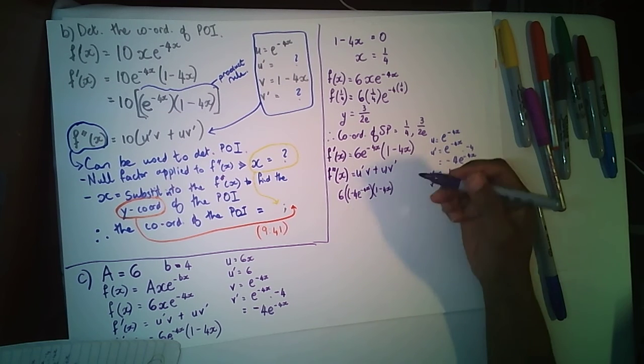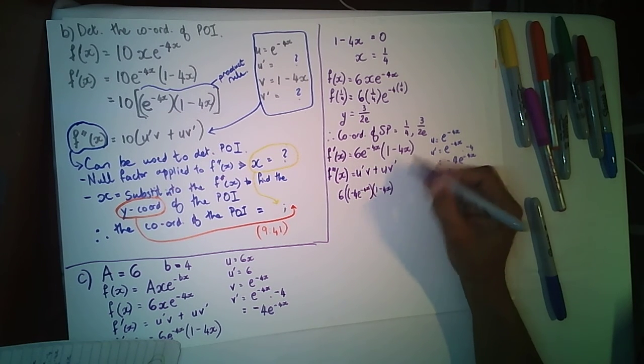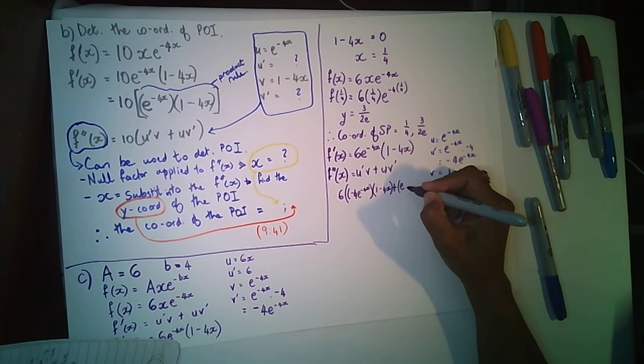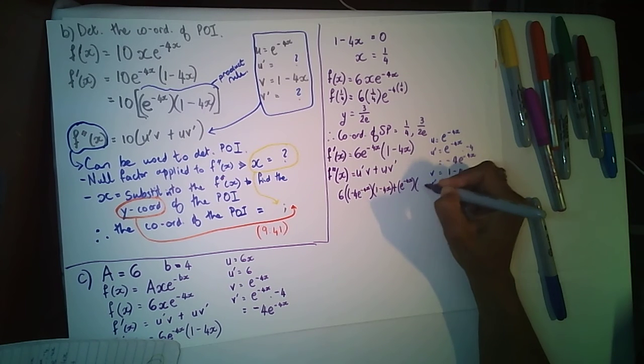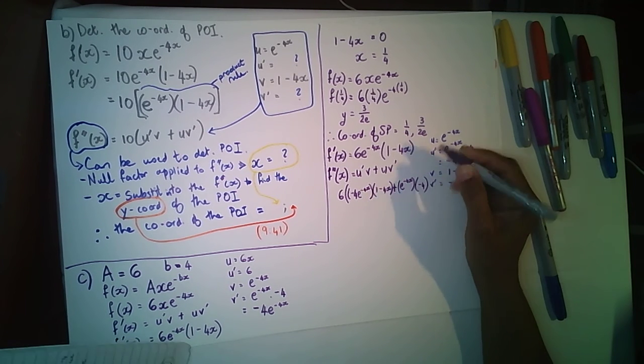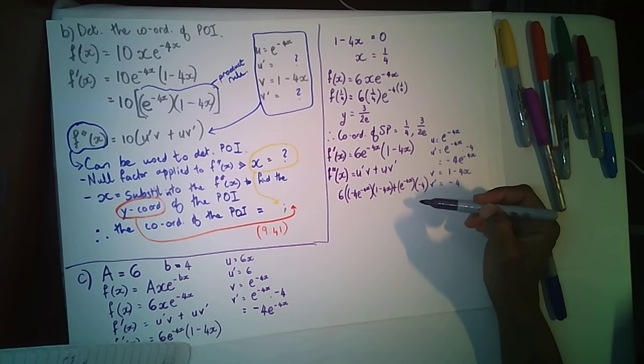So you're just applying your product rule, plus e to the minus 4x times minus 4.